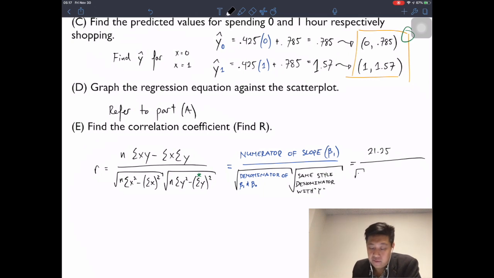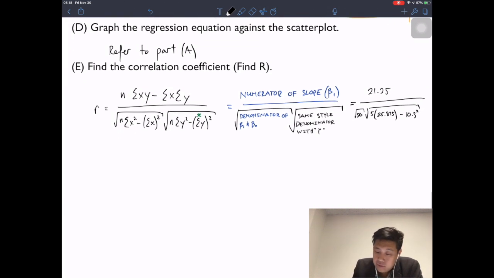I would leave it square root of 50 like that. And then I would take the time to rewrite this new portion of the denominator just so you can have it written out, which would be 5 times 25.815. So that's the number we use, minus 10.3 squared. That's all over square root as well. I know I squeezed it a little bit to the right side, but I'll move it down here.